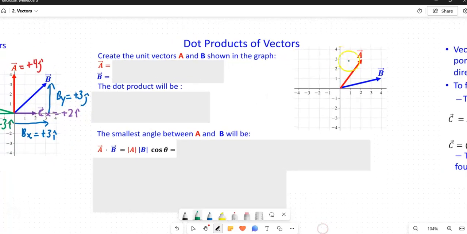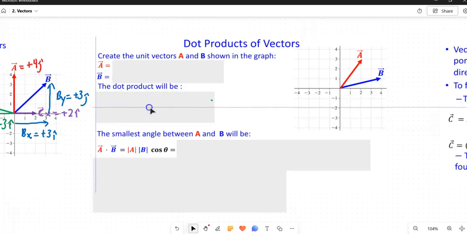Okay. Now, what I want you to do is apply what you've learned to this situation. You have these two vectors indicated in the graph, A and B. We're going to do this in parts. I want you to figure out the unit vectors of A and B. And then I want you to figure out what the dot product of A and B is going to be.